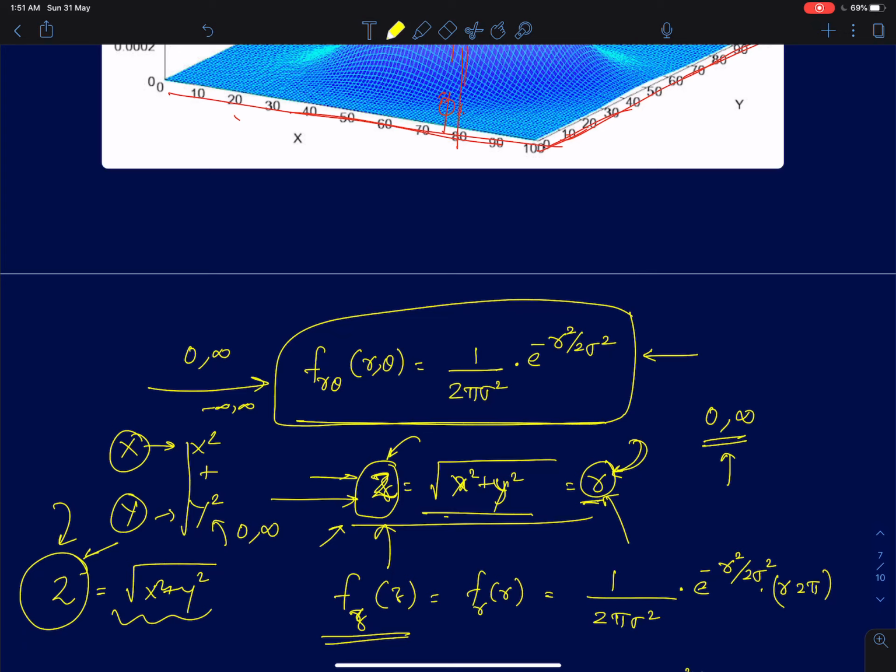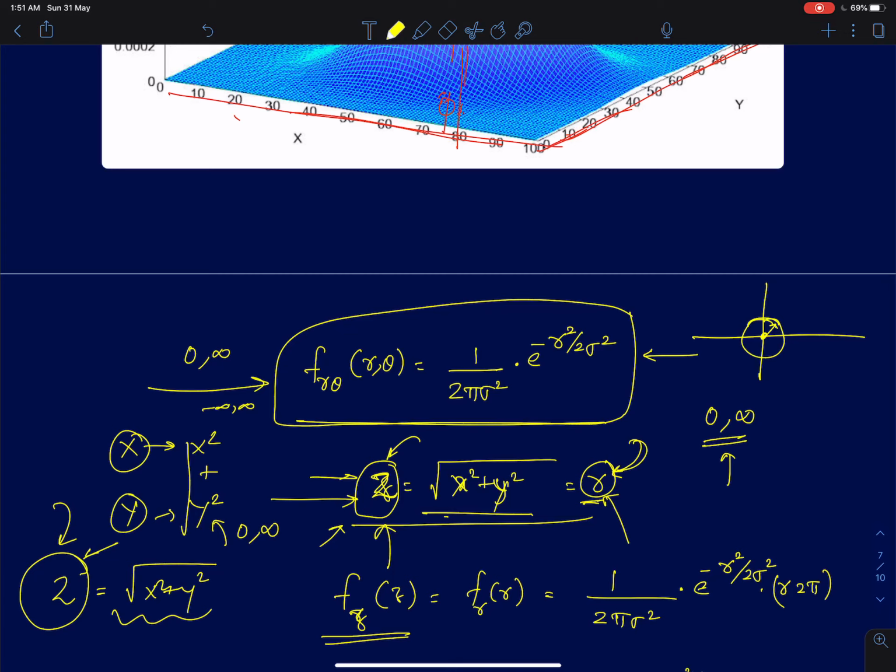That is nothing but the locus of all the points on the two-dimensional plane on a circle, where x square plus y square is the distance on the circle. So for z to be 0, the radius of the circle has to be 0, which means both x and y are simultaneously 0 at that point. And for that to happen, the probability will be 0.